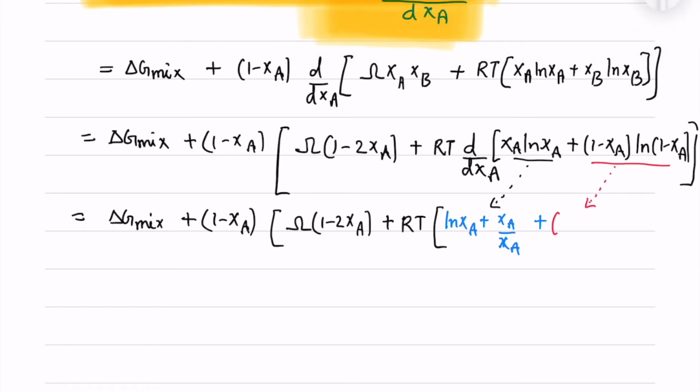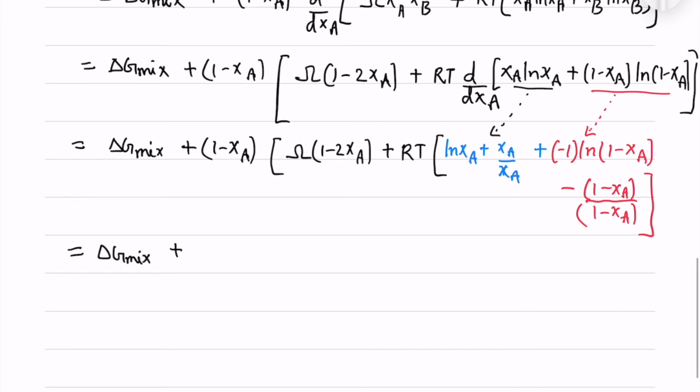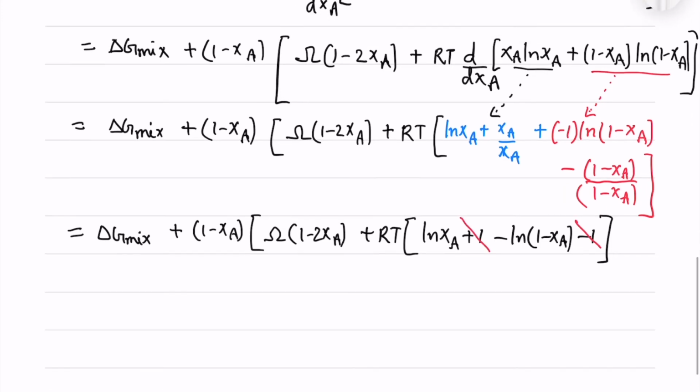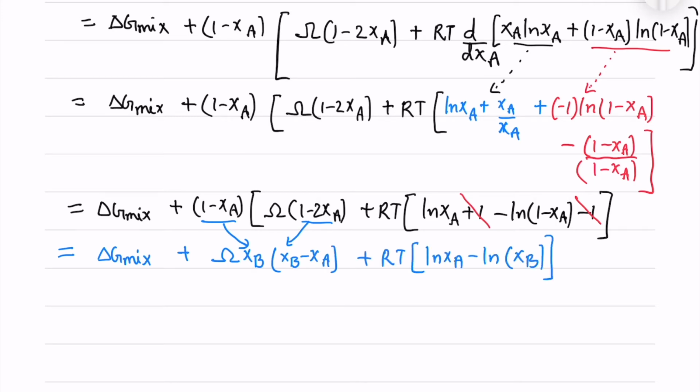In a similar fashion, I get minus 1 into ln 1 minus xa and I get 1 minus xa by 1 minus xa. So it boils down to a very simple formula. So plus 1 minus 1 cancels. So I multiply this to get something of this form.